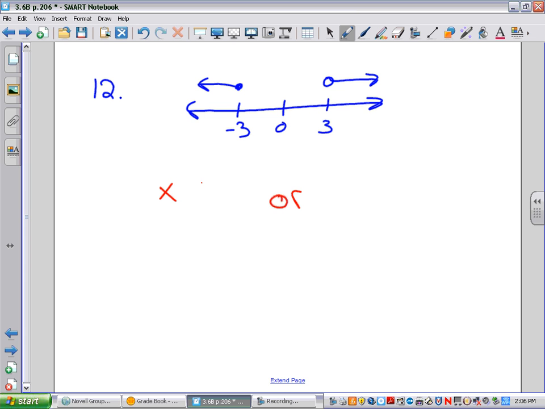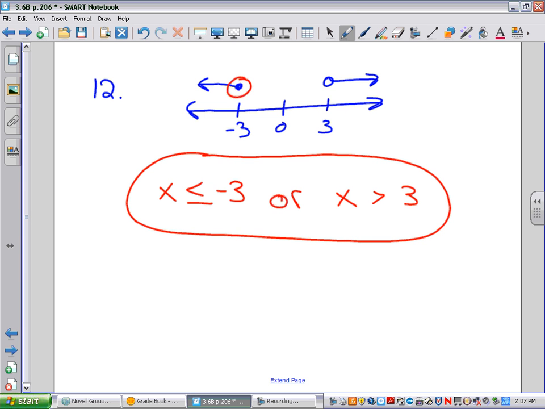X would be less than or equal to, because it's a closed circle, -3. Or the other side, x would be greater than 3. That would not be underlined because it's an open circle. So all of this together is my answer with the word or in the middle.